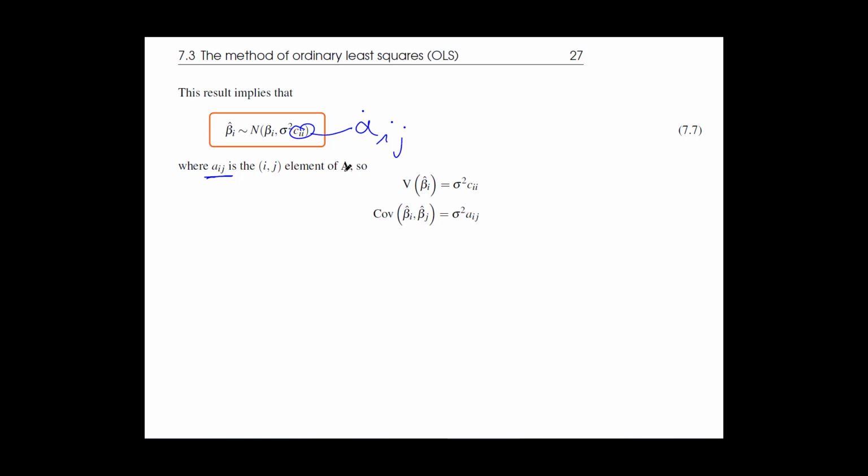So these are the marginal distributions of each beta i, normal, again, because we know that when things are multivariate normal, the marginals are normal. And so we know the distribution of all these betas, and again, this should be an A right here, A_ii and A_ij. So we know the variance and covariance, and we know everything about these betas.